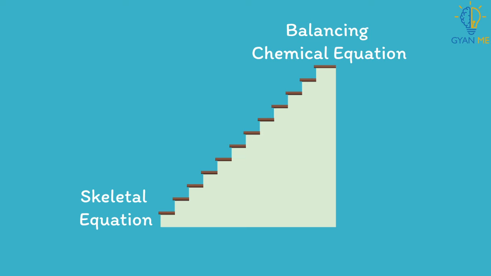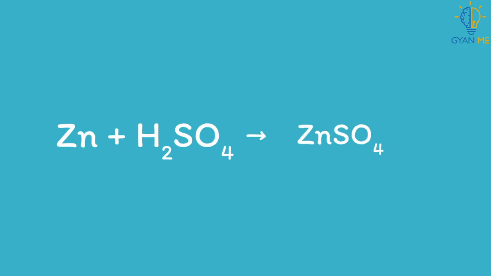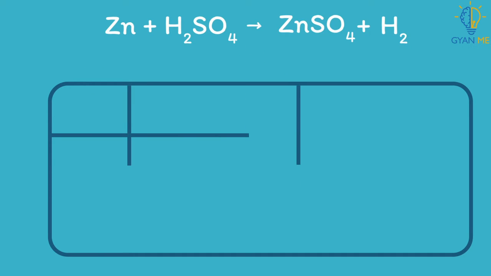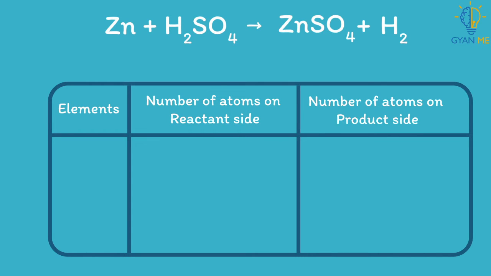Let us take one example. When zinc reacts with sulfuric acid, it forms zinc sulfate plus hydrogen gas. Let us examine this chemical equation. For this, we have to make a table in which we create 3 columns: element, number of atoms on reactant side, and number of atoms on product side.